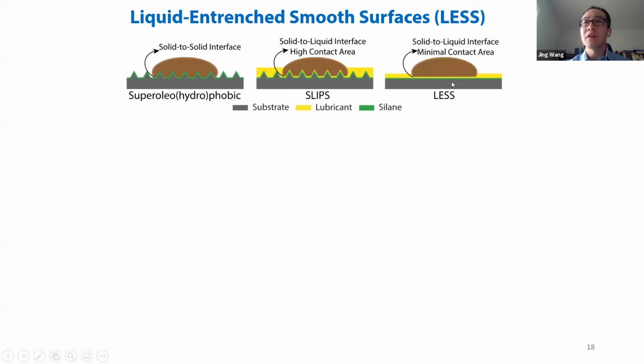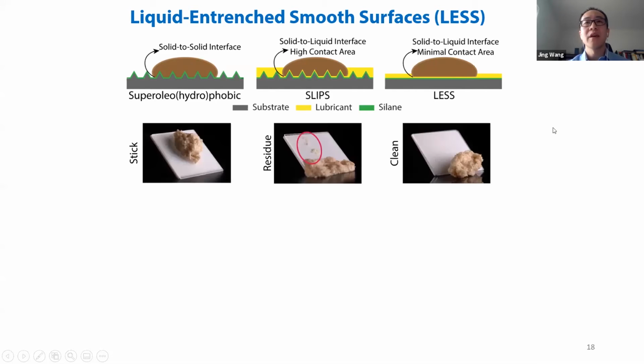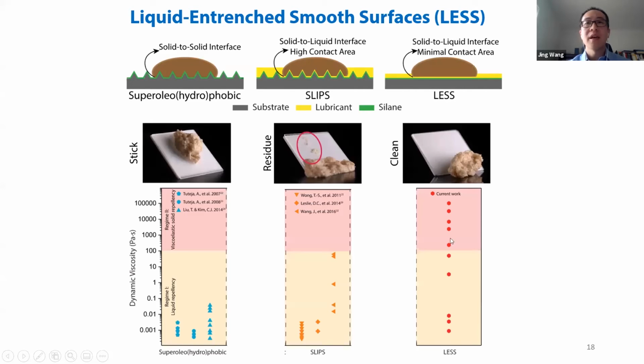And when we become LESS surface, the solid interface becomes a solid to liquid interface and has a minimal contact area, and the performance is great. We can also repel all kinds of liquids, viscous liquids, and viscoelastic solids as well, with a dynamic viscosity spanning 9 orders of magnitude, which compared to all previous state-of-the-art surfaces is a great improvement.